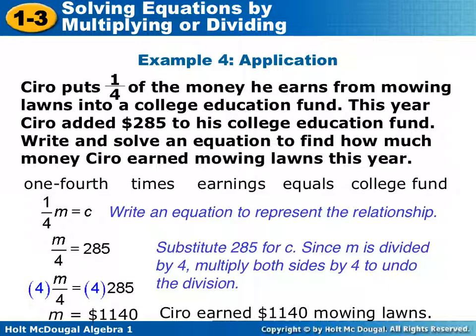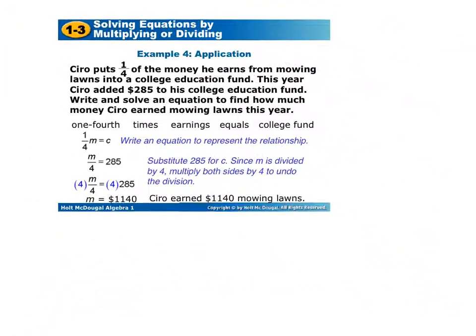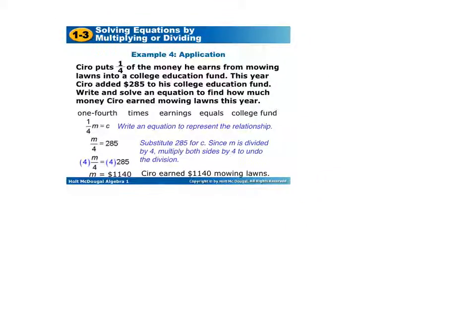All right, now we're at our application, our word problems. For this problem, it's telling us that Ciro is putting 1/4 of the money he earns from mowing lawns into his college education fund. It said that this year he added $285 to this fund.